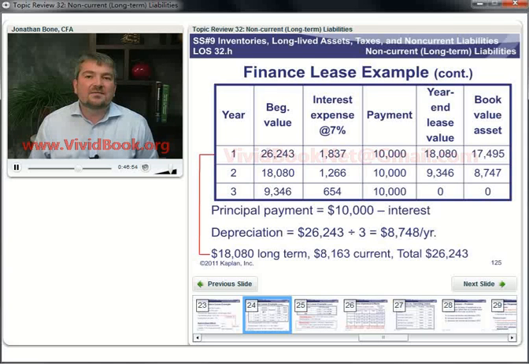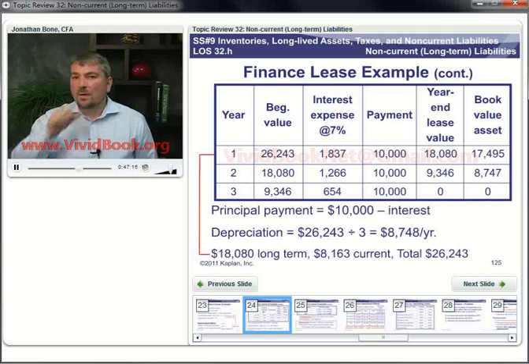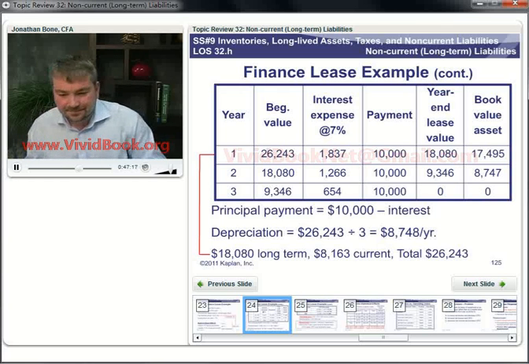Principal payments after more than 1 year, 18,080, will be sitting in long-term liabilities. So just be aware that your liability value has got to be split between current and long-term liabilities each period. In year 2 you won't see the 18,080. You'll see 8,734 in current liabilities and 9,346 in long-term liabilities.